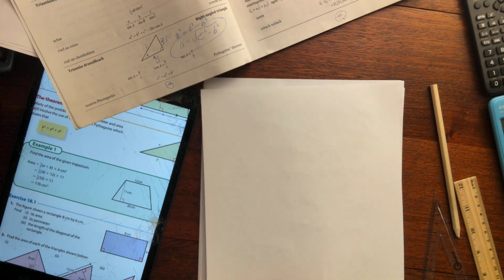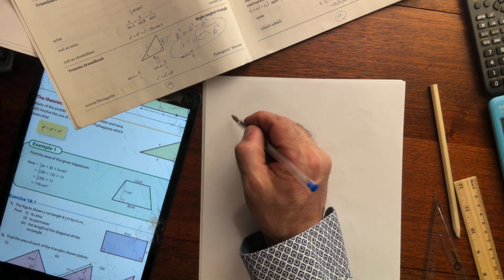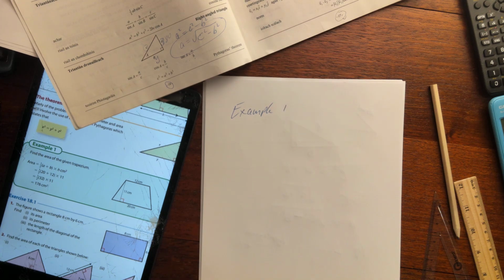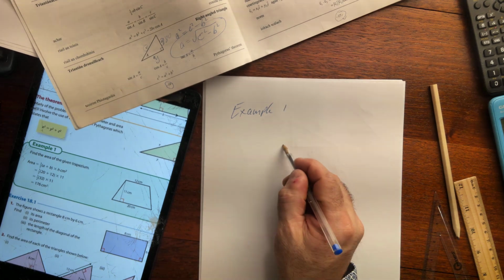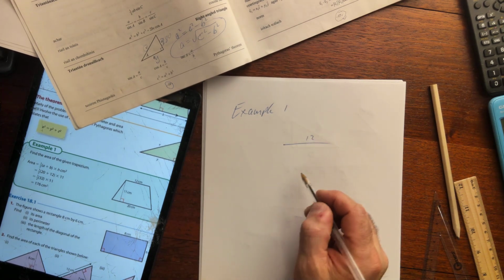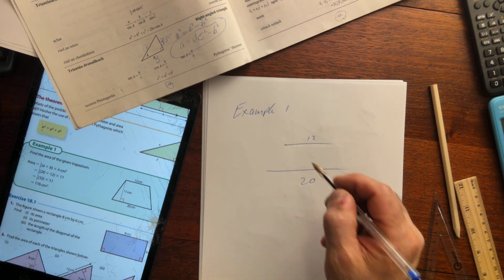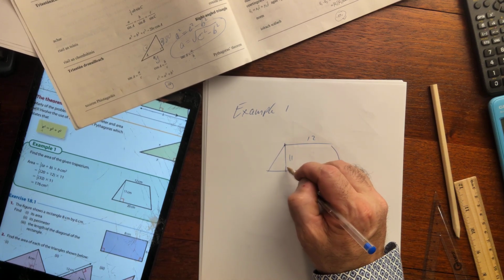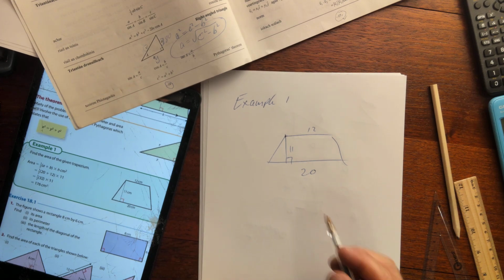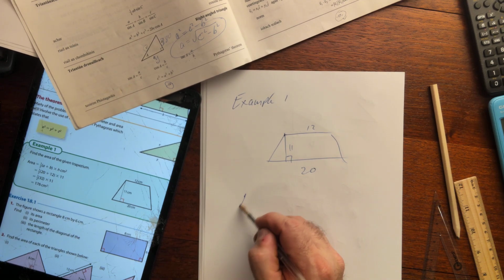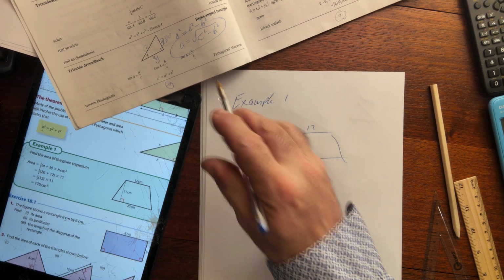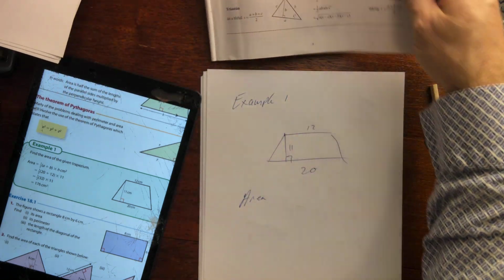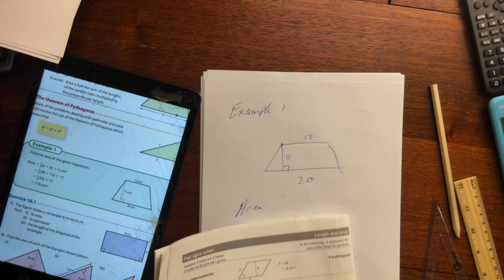Okay, so we're going to do all the examples from the book from now on. So here we have example 1, and I'll just sketch it. We have a 12, a 20, and a trapezoid with a height of 11. Okay, so we're asked to find the area. Go to the tables and take the formula, and the formula is here.